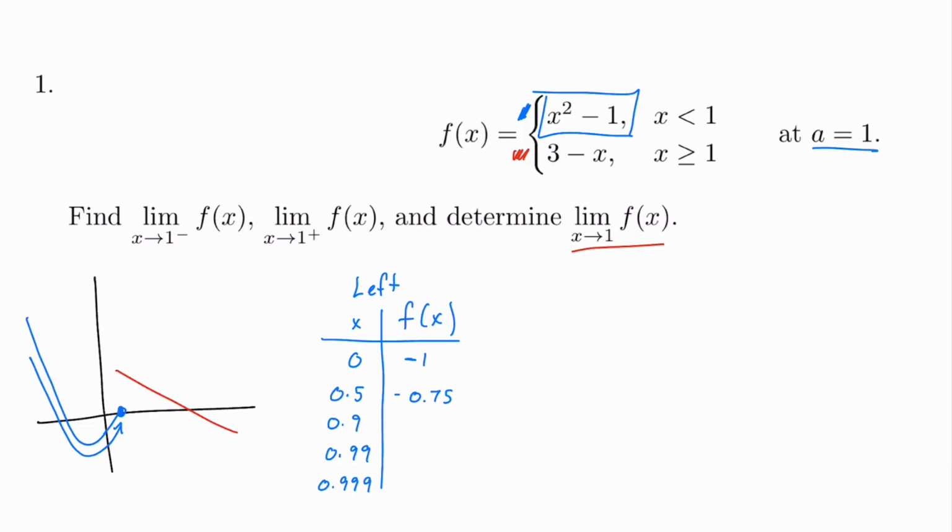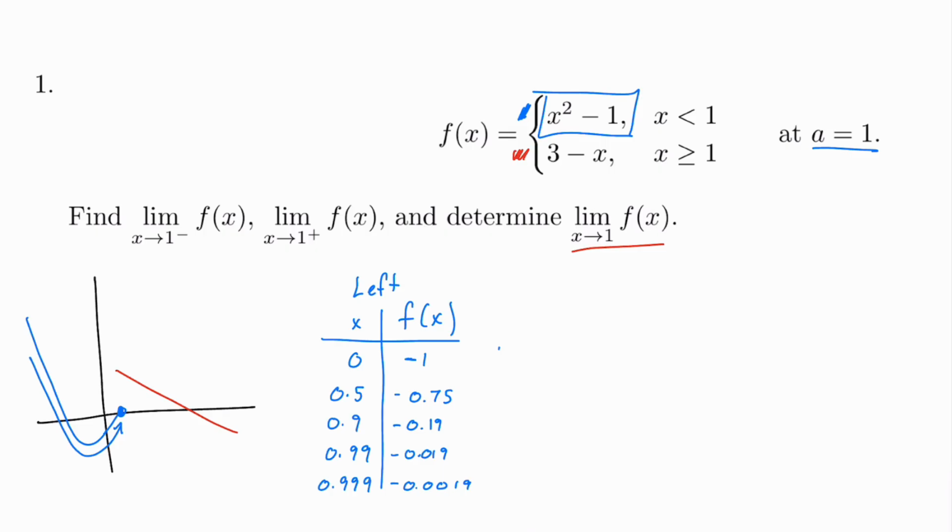At 0.9, negative 0.19. At 0.99, negative 0.019. And at 0.999, negative 0.0019. So it seems like from the left that we are approaching 0.